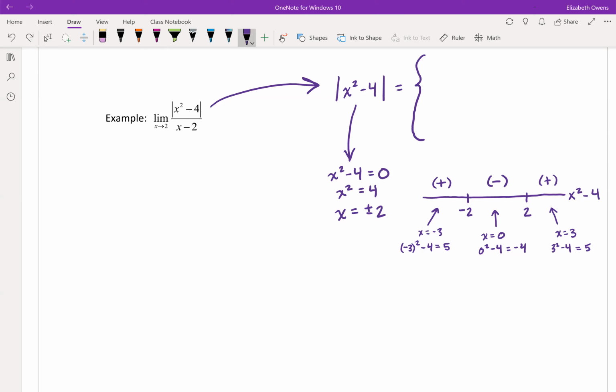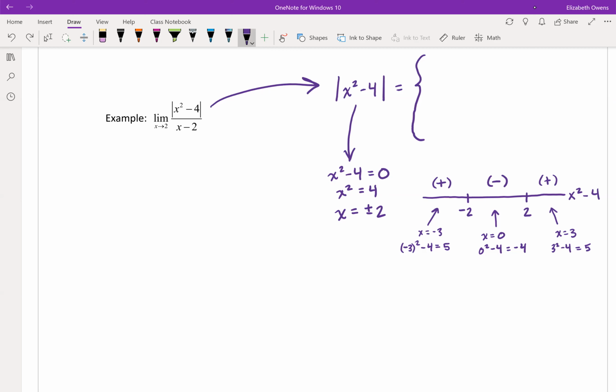Now you might notice that here and here, those portions of the number line, x squared minus 4 is positive already. In order to take the absolute value, we don't really need to change anything about those numbers. They're already positive, so that's good to go.